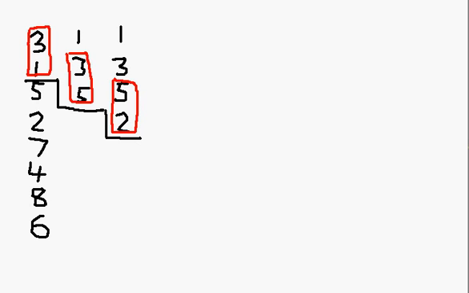So I'm now going to need to compare the 2 both with the 3 and with the 1. Okay? So 1 is less than 2, so 2 is going to get put between the 1 and the 3. Now I'm dropping down to include the 7.